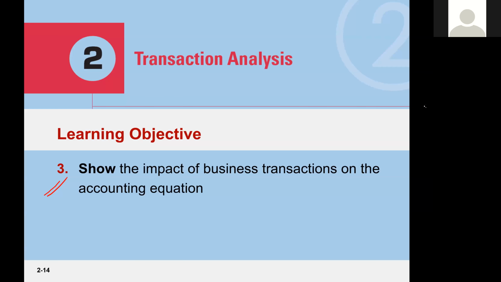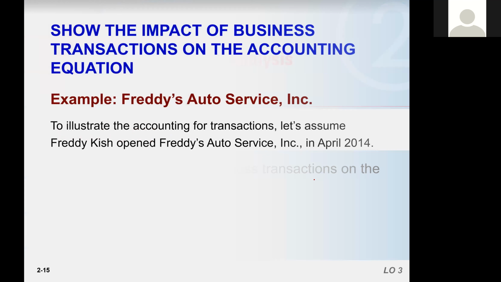Okay, class, welcome back after the break. So we were discussing learning objective 2, and now let's have our learning objective 3, which is to show the impact of business transactions on the accounting equation. Here we go. For this purpose, let's take your book example of Freddy's Auto Service Incorporation.